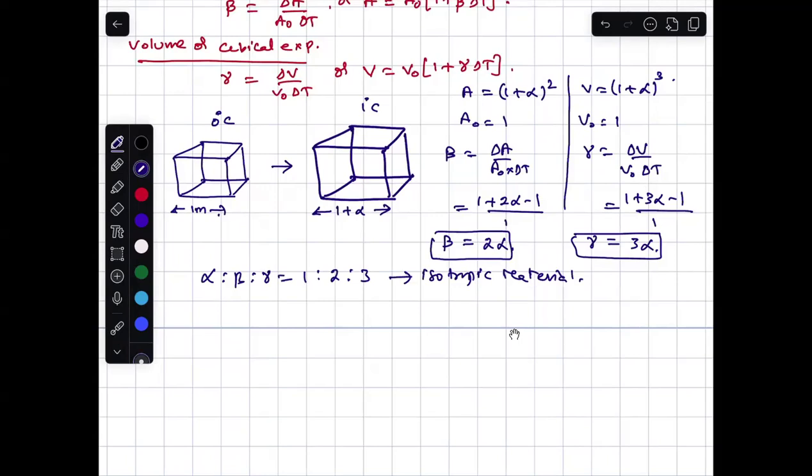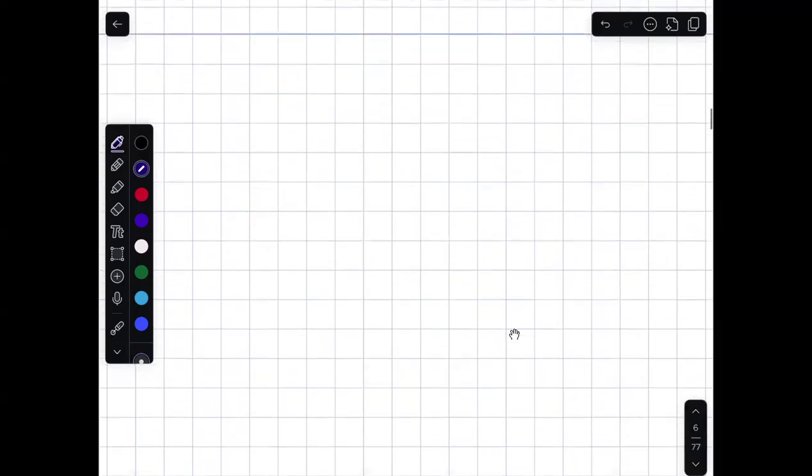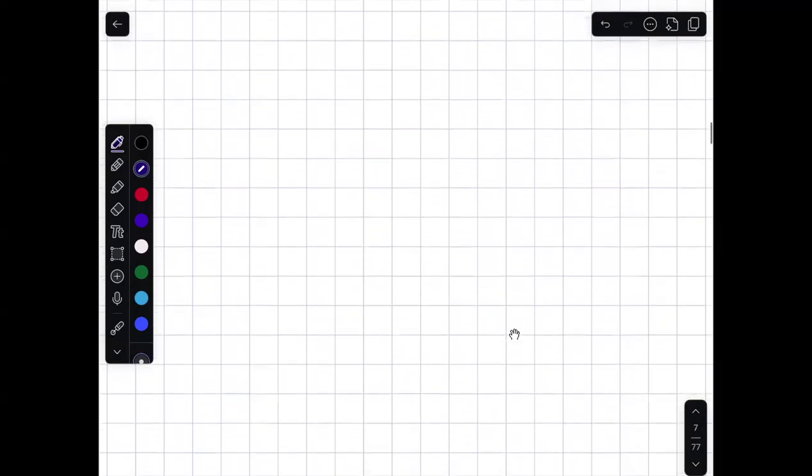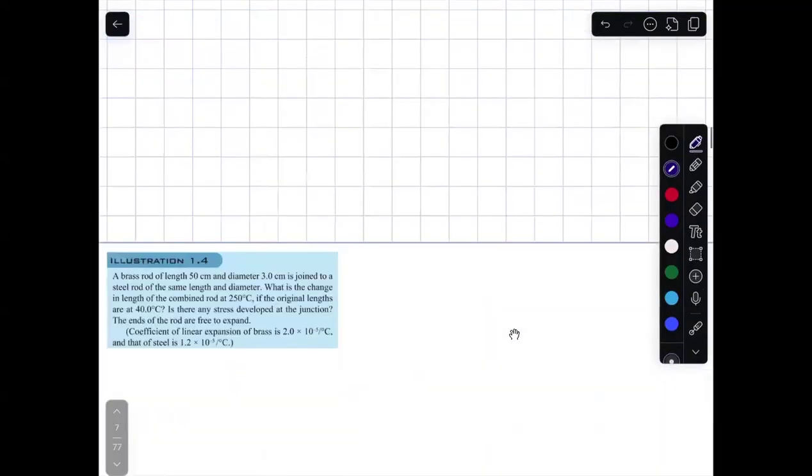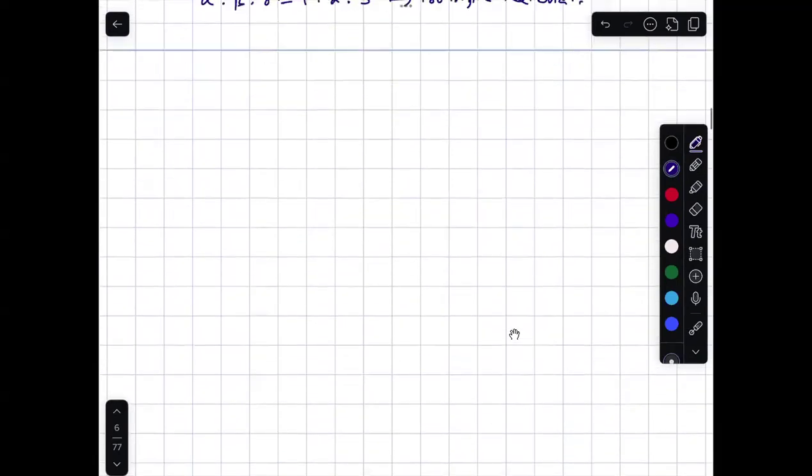So I have just introduced the thermal expansion part for solids. Now we will deal with some properties related to thermal expansion. One such property is thermal stress, that I will discuss right now. And there is another property which is called bimetallic strip. That also I'll discuss.